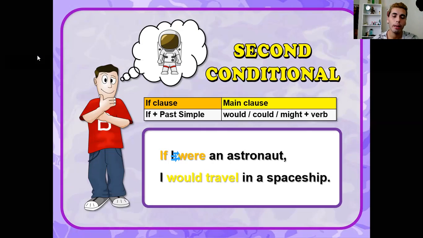Yeah, you're right. But when it comes to second conditional, you always use were. Whenever you want to use the verb be in past, you always use were. No matter what the subject is, you should always use it. For example, if my sister were here, I would talk to her. You always use were when it comes to verb be in simple past in the second conditional.